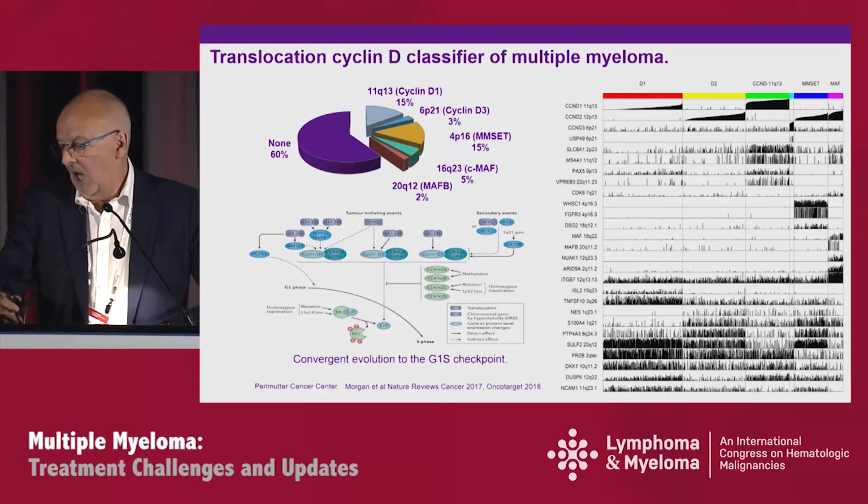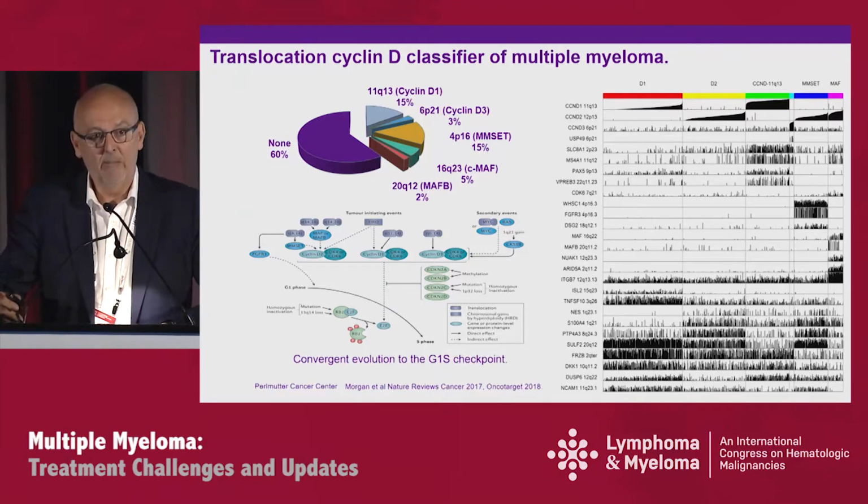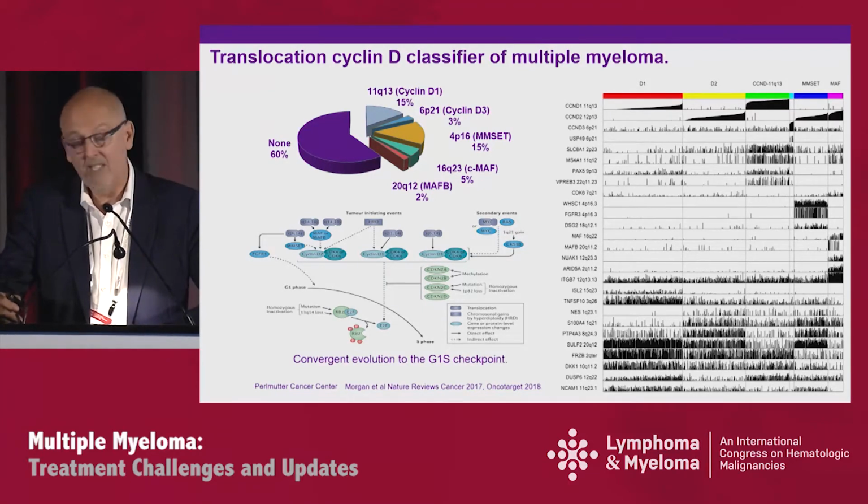And so where do we start with all of this? Well, I think things haven't changed substantially from the translocation cyclin D classification, which is outlined here in that pie, which shows the percentages of the different subsets of disease. And that clustered diagram on the right of the screen shows that each of those different subsets of myeloma has a totally different gene expression pattern.